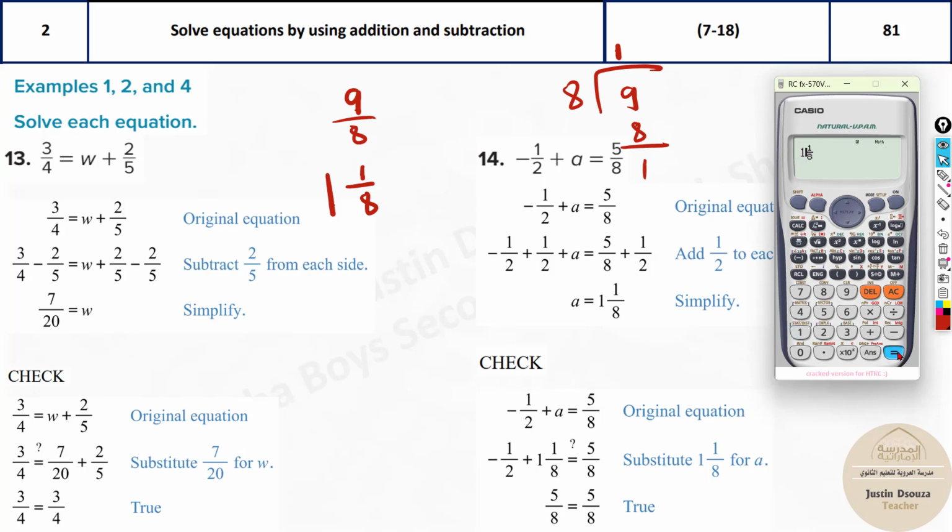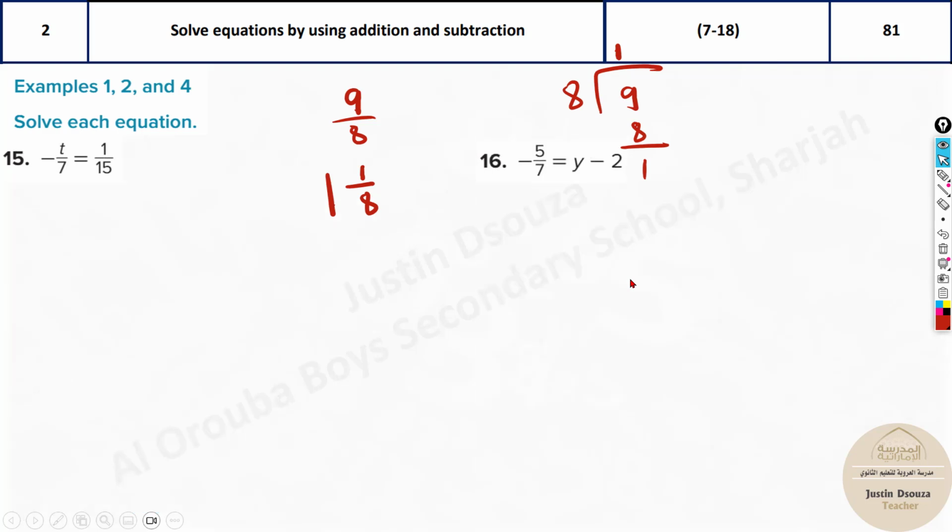This is wrong. Here it becomes multiplication by default. We really have to add these terms, but the easier way would be shift and this fraction symbol. Now this is the improper fraction thing. Okay, 1 1/8. That's how we do it. I hope that is clear.